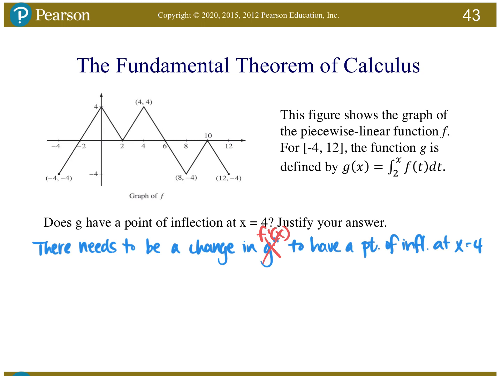So let's find where 4 is. And I do see a change in the slope of the graph.